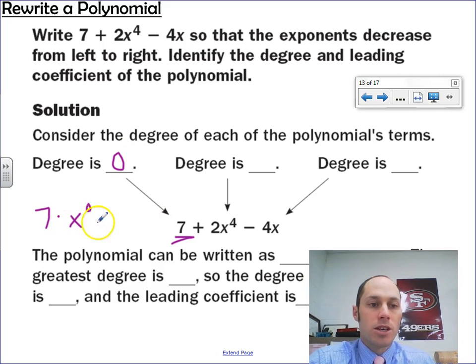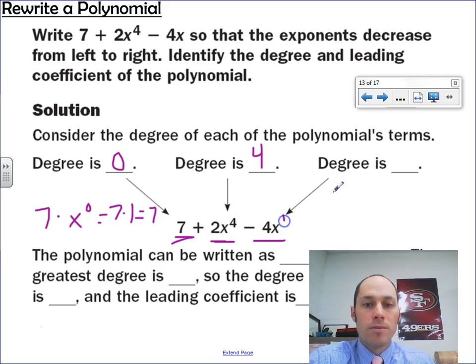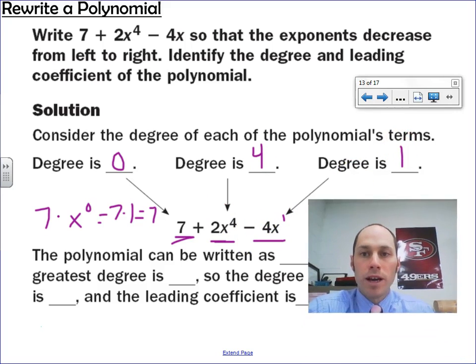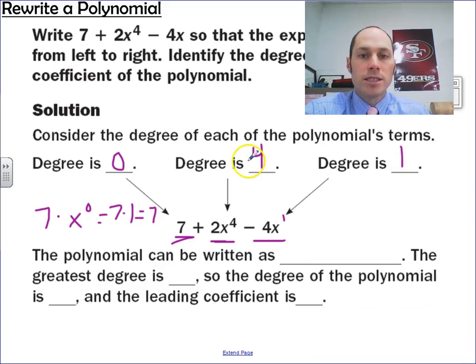Because anything to the 0 is 1. It's really the same as 7 times 1, which we just write as 7. So that's degree 0. This term here is degree 4. This is degree 1. So when we rewrite them, we want to go greatest to least, so 4, 1, 0. So we're going to say 2x to the fourth, and then negative 4x, and then positive 7.